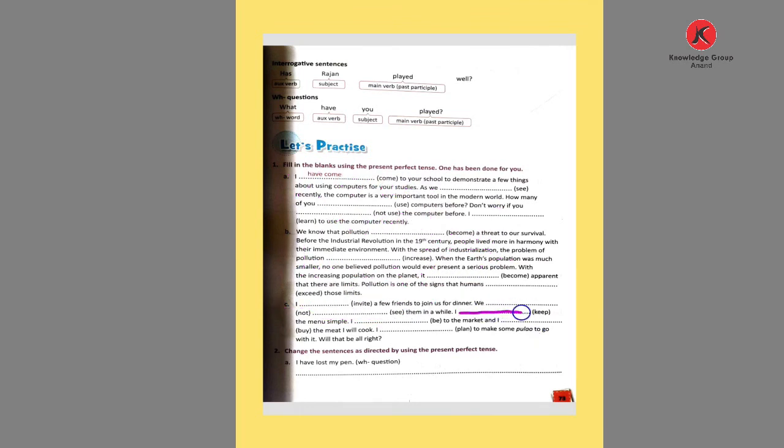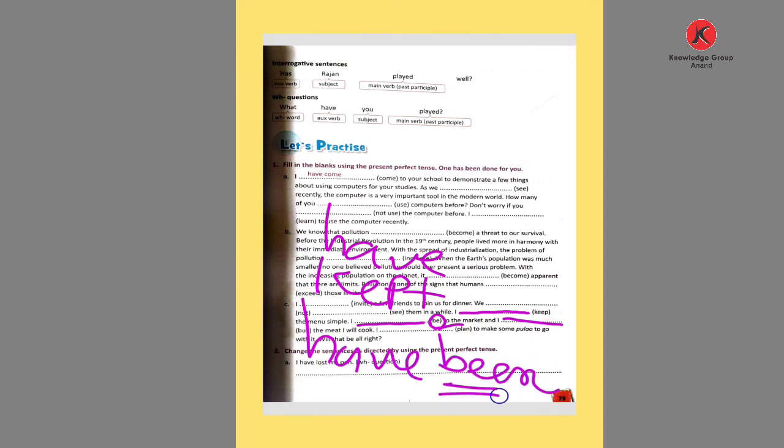Then: While I dash the menu, simple. The verb given is keep. So we use have kept. Have kept. Then: I dash to the market and I dash the meat I will cook. Here the verb to be is used, so with have we use been, the past participle of be.